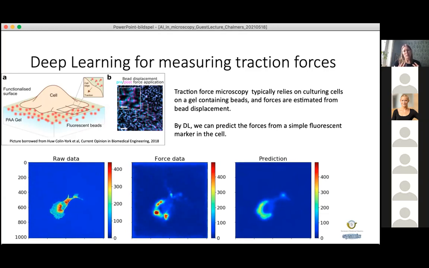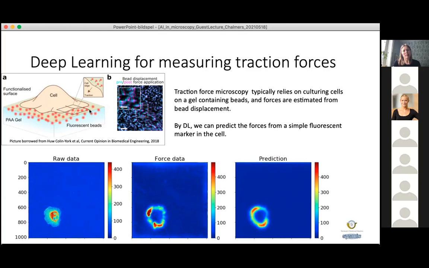One area of cell biology that a lot of people are studying is traction forces and how cells move across the surface. The reason you want to understand cell motion is, for example, in cancer, to understand how cells spread in the tissue, but also in wound healing and other developmental processes.